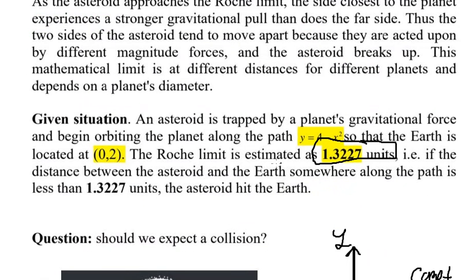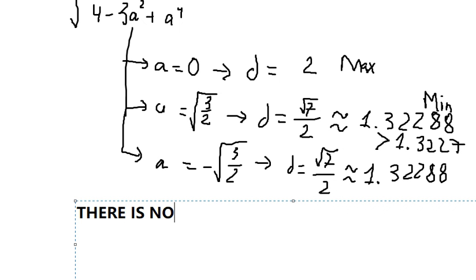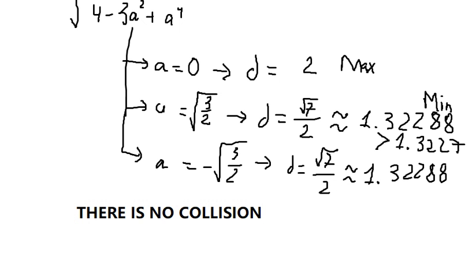Because in the question, if the distance is smaller than this one, the asteroid hits the Earth, but the minimum is greater than the number in here. So we can say that there is no collision. This is the end.